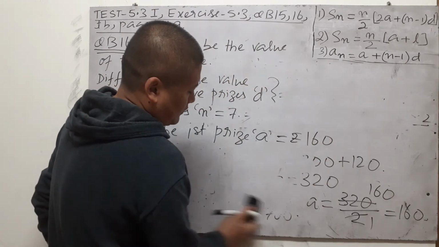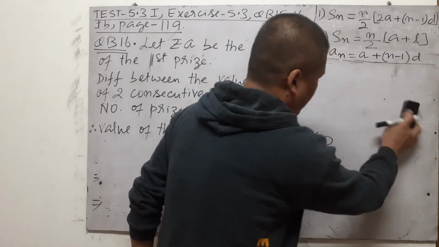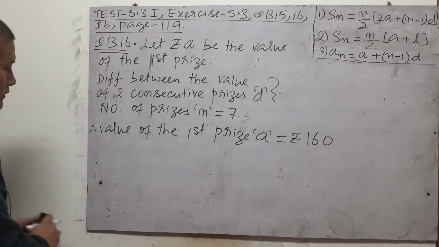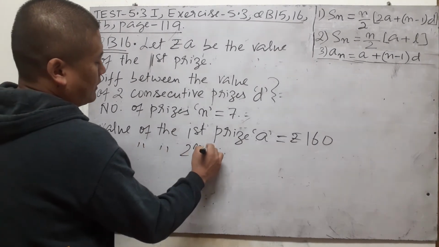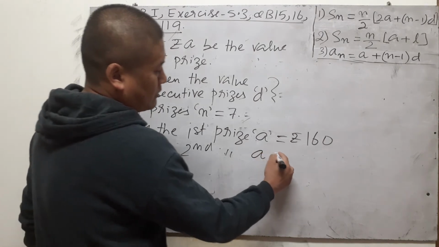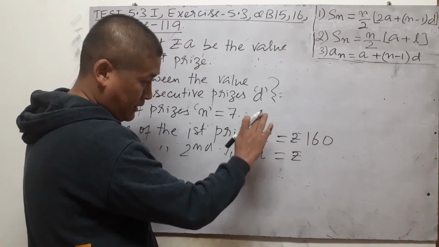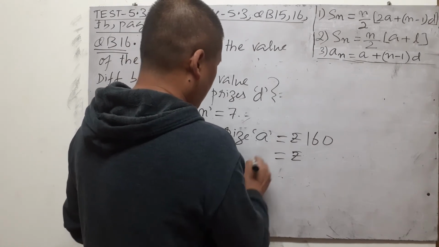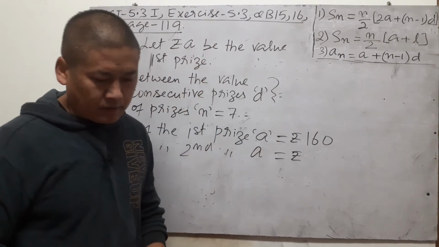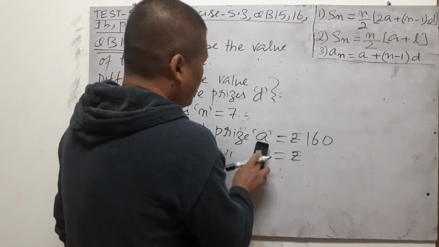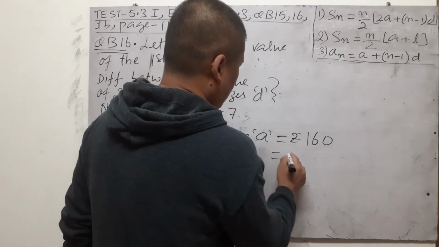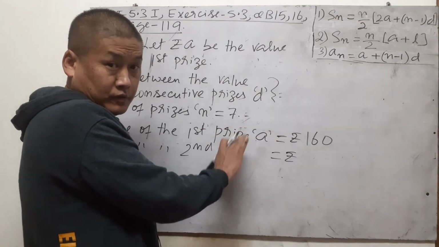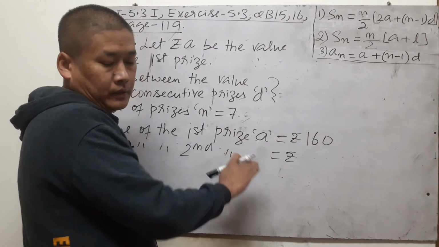Once we have the value of the first prize, it's rather easy to find the values of the second, third, up to the 7th prize, because we know the common difference. The second prize is 20 less than the first prize, and the third prize is 20 less than the second prize. That's what the question says.